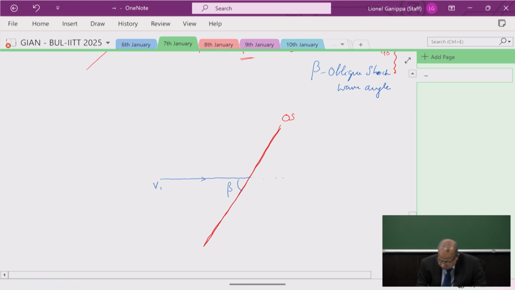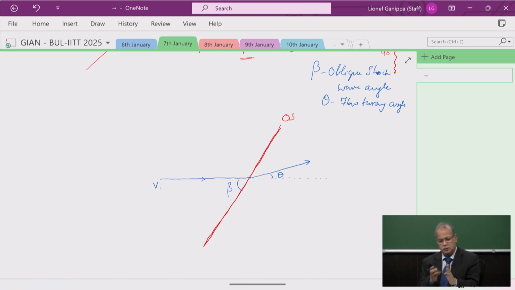The flow that passes through the oblique shock will not just go straight as it does for the Mach wave or the normal shock. Instead, the flow will turn by an angle theta, called the flow turning angle. When we have an oblique shock, the flow will pass through, but it will be inclined at an angle.